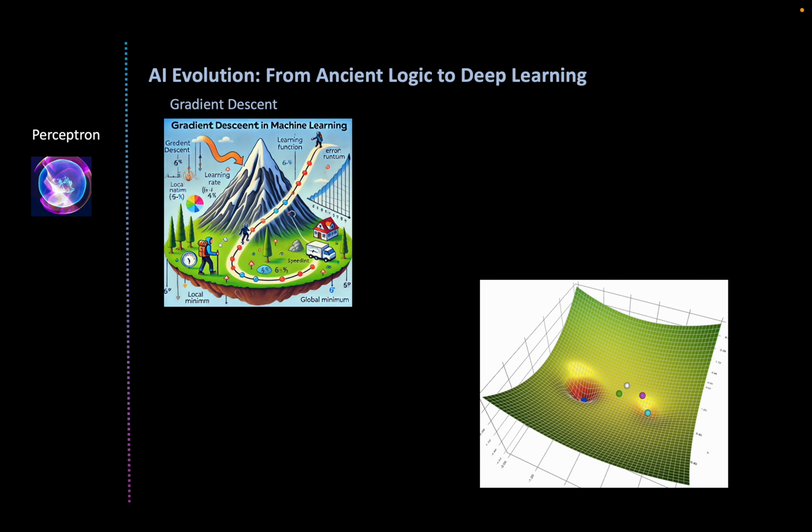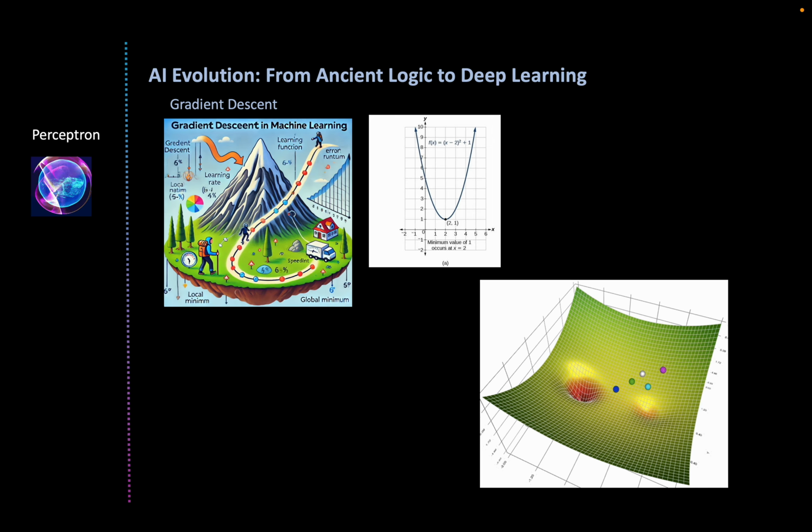So how do we apply the same mechanism in our neural network? How do we mathematically model this simple mechanism of climbing down from the hill? Let's see this simple function: f of x equals (x minus 2) squared plus 1. This is how the contour looks. Now we know the optimal point, the minimal point, the ground point where the error is minimum, is (2, 1).